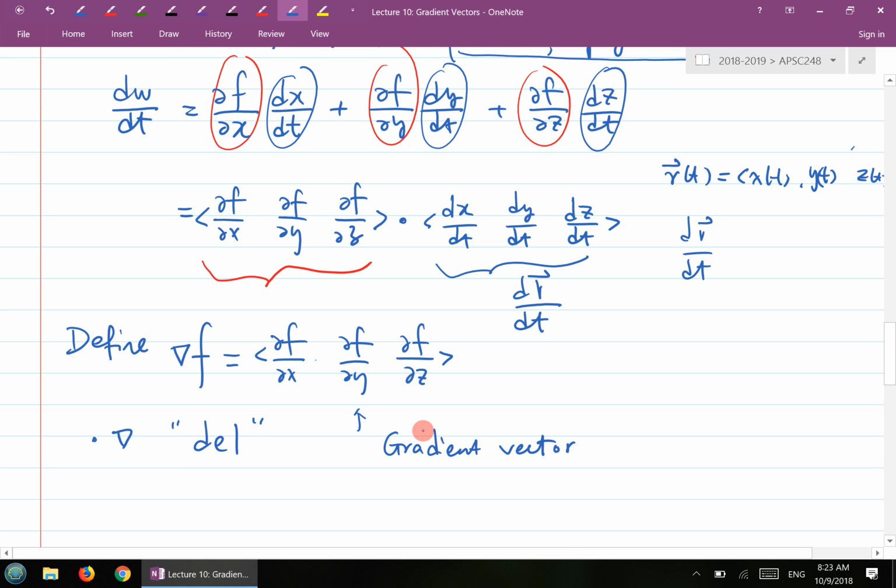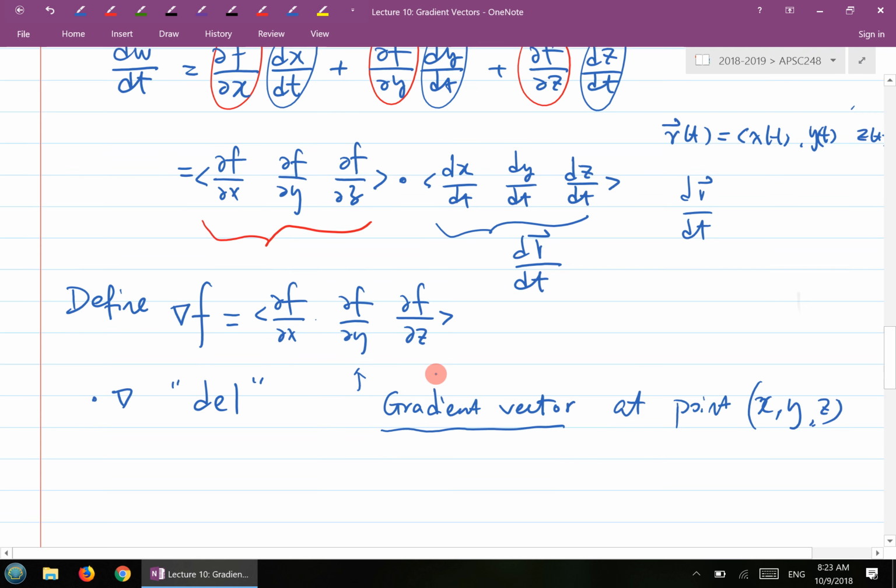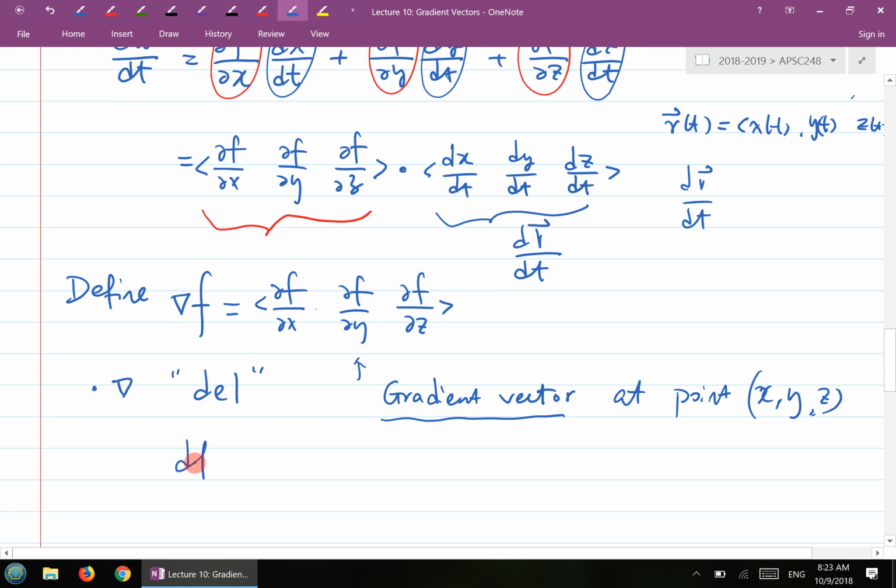In this case, more precisely, it's a gradient vector at a certain point x, y, z, because you can always plug in the actual x, y, z coordinates into that vector to get an actual vector, right? So that's the gradient vector. How you get it is essentially calculating three partial derivatives and then putting them into the vector. If you recall that journey, remember df over dt, and now we see this del f.